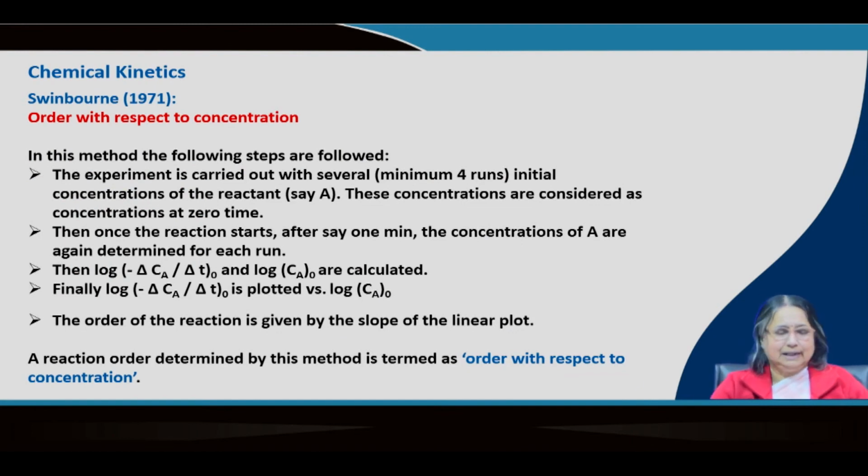Now, the other method was explained by the same person, Swinburne, 1971. This is the order with respect to concentration. What he has done here is that the experiment is carried out with several runs, a minimum of 4, because to get a straight line we need some minimum number of points.